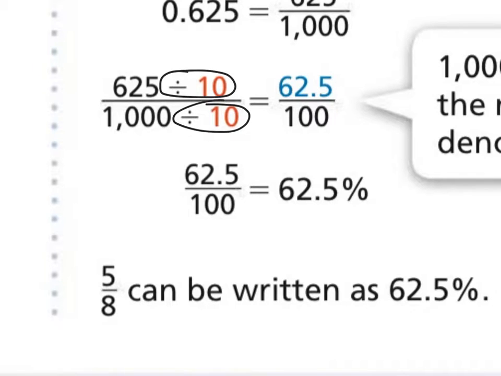Okay, so if we divide both of these by 10, you might say, well, 625 divided by 10, I don't know what that is. When you divide by 10, it just moves your decimal one spot to the left, is how that works out. For example, you wouldn't think about it when you do this, but 70 divided by 10 would be 7. And you might say, well, yeah, we just dropped off the 0.